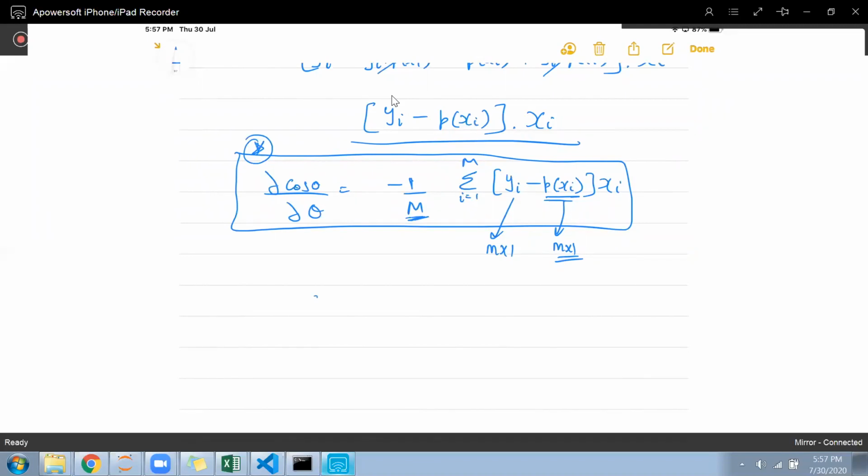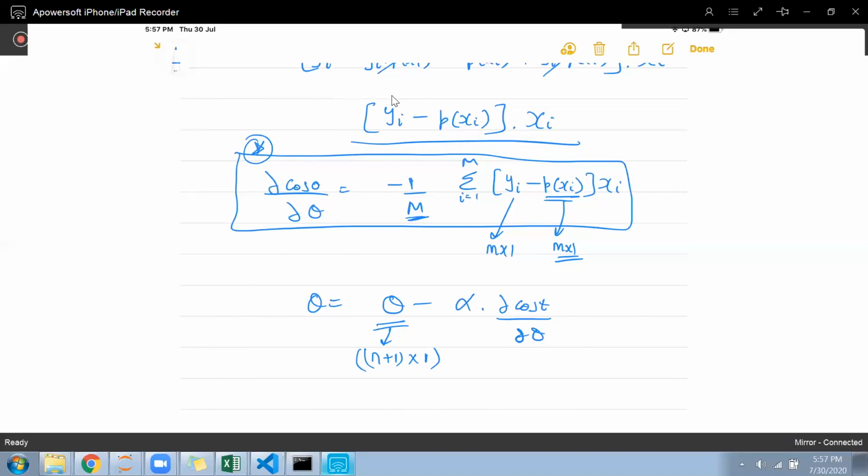So theta equals theta minus alpha into del cost by del theta. The dimension of this will be the number of features that I have plus 1. So if the number of features is n, it will be n plus 1 into 1.